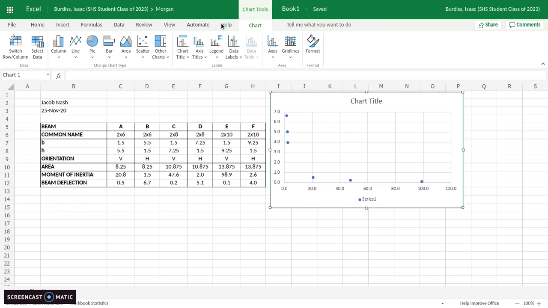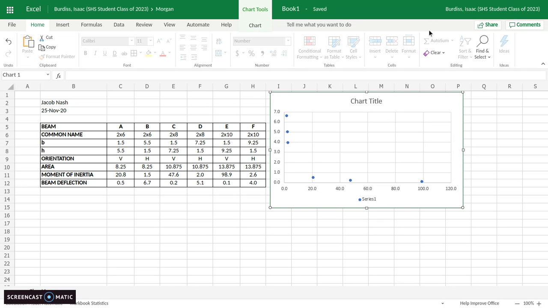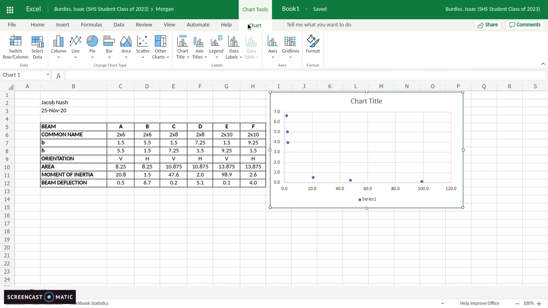Let's see. Is there like a search? There was a search on the other one. Chart tools. Let's see. Oh, maybe axis titles. Oh, chart title. There we go.